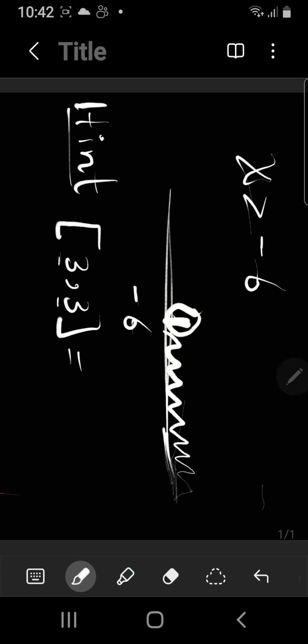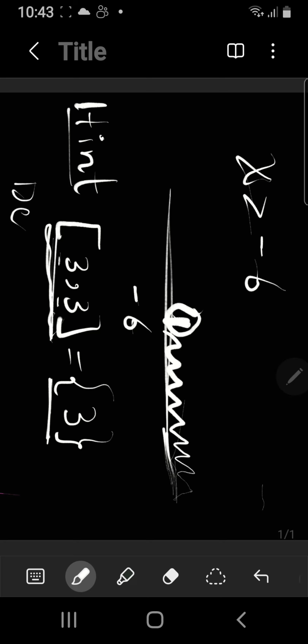So it is equal to the set of 3. This type of interval is called degenerate.